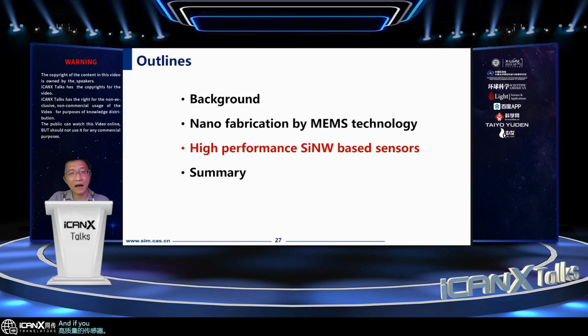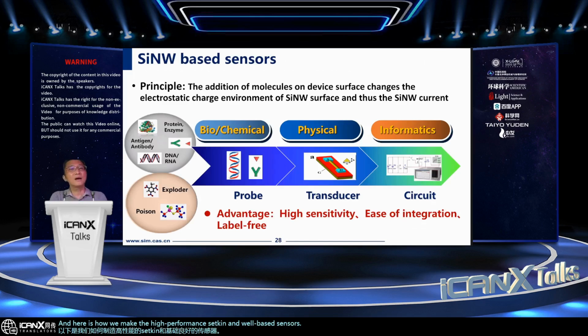And here is how we make the high performance silicon nanowire based sensors. In fact, the principle of the silicon nanowire-based sensors is very simple. Because when the target molecules interact with the probe, it will change the charge environment of the silicon nanowire and change the current in the silicon nanowire.